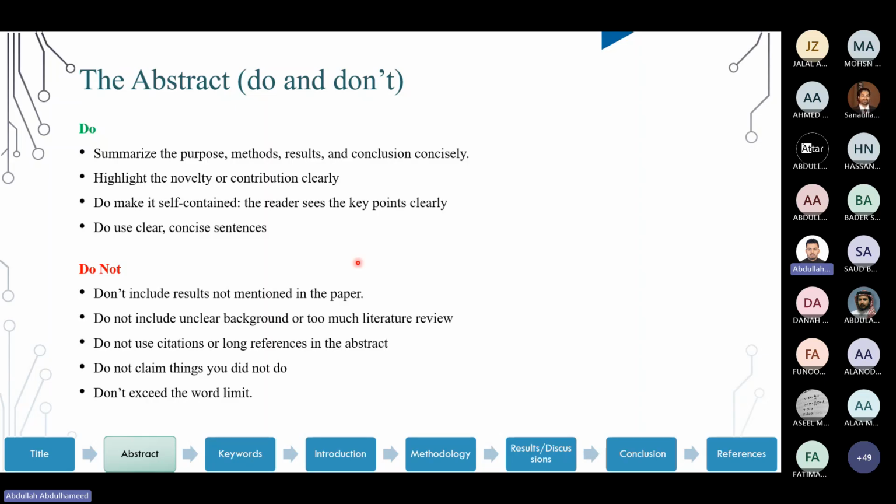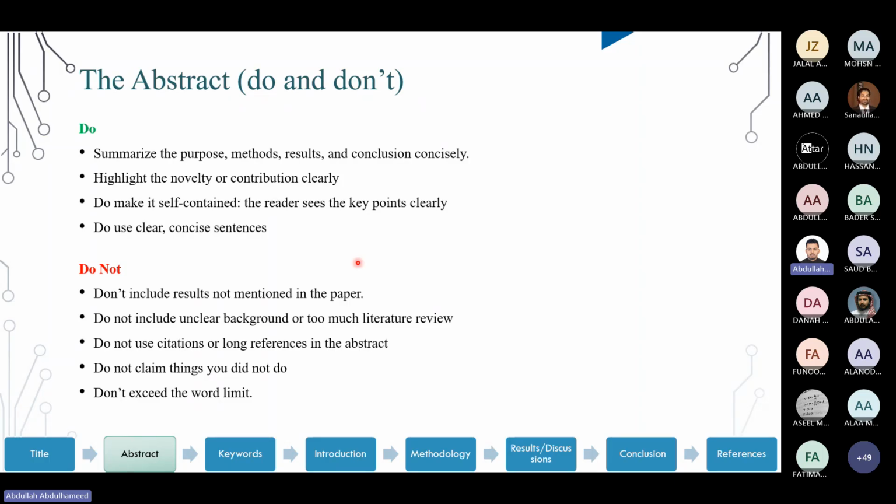Do not include so much literature review in your abstract, because when I review some papers, I saw some of the students write maybe half of the abstract about previous studies. In the abstract, people want to know about you, about your research.